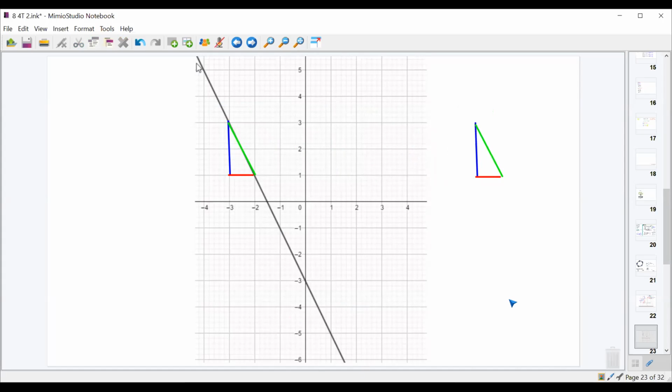What are the dimensions of this triangle, guys? What is the value of the base of the triangle? 1. What is the value of the height of that triangle? 2.